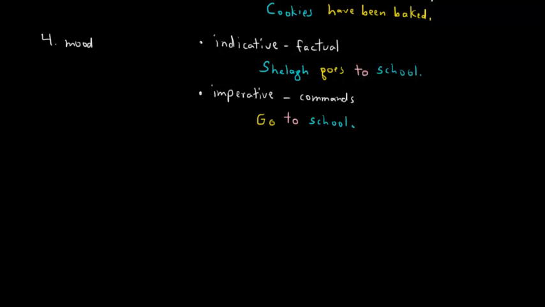Okay? And then finally you have the subjunctive. And people have a lot of trouble with the subjunctive, and it's mostly because you don't see it very often. Okay, subjunctive. And this is for non-factual statements.